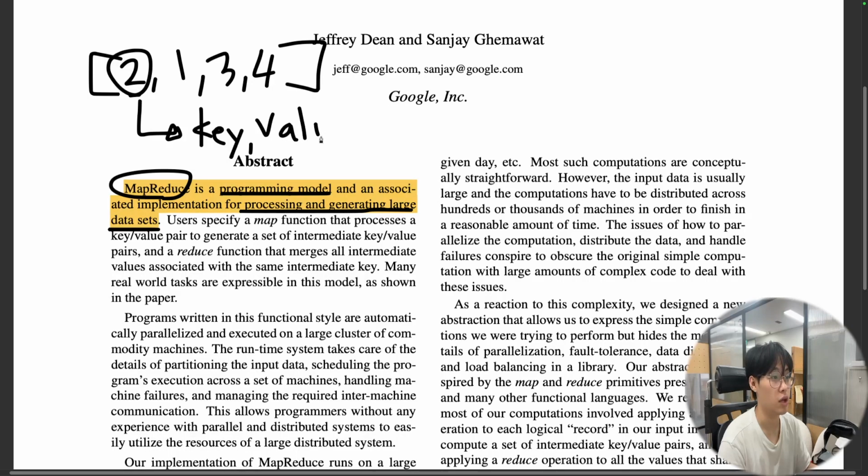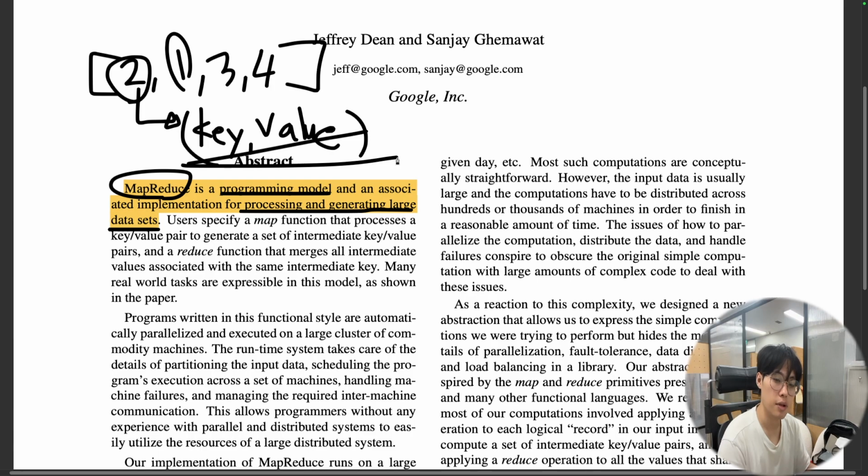Since this is metadata, we have to make it easy to parse and understand. So 2 is transformed into metadata, which is key value pairs, and 1, 3, or 4 are also data that represent a key value. Just think of it like a table of contents, where there's a bunch of metadata.